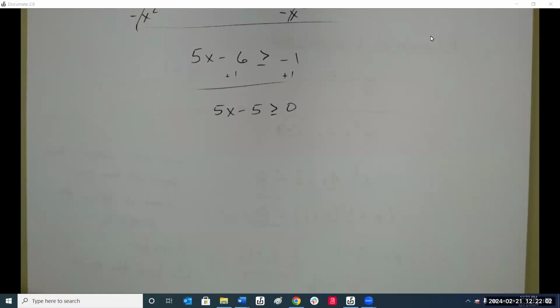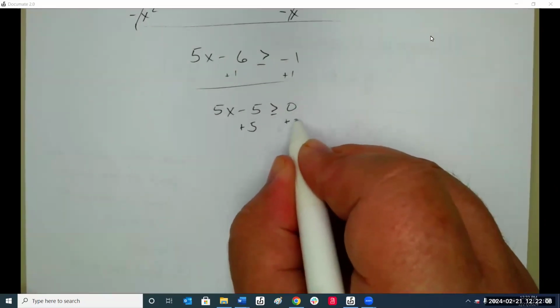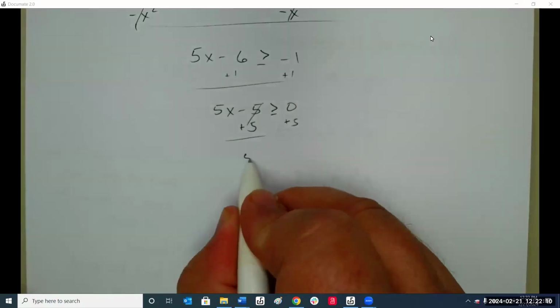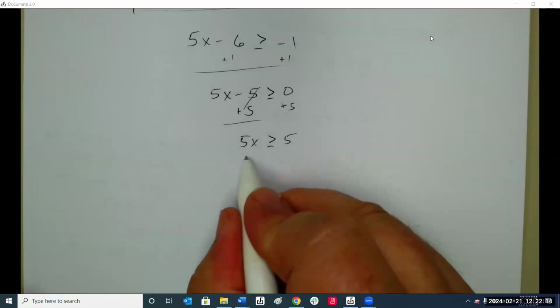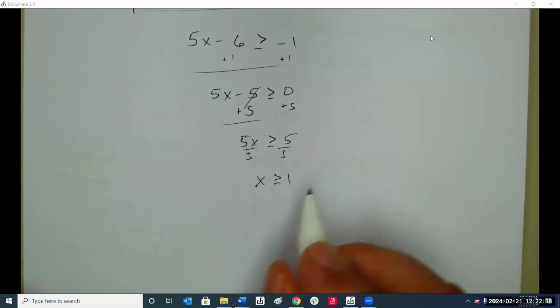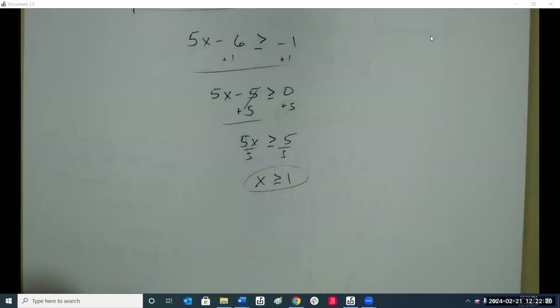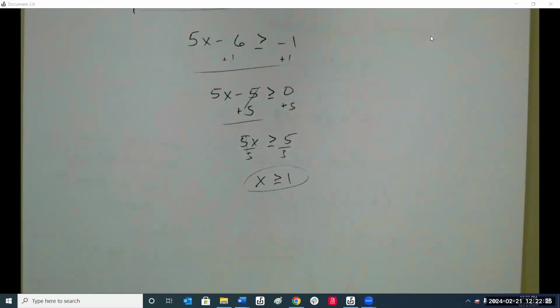Then what? Add 5. So 5x is greater than or equal to 5. So we know our domain here is x anywhere x is greater than or equal to 1. That's all there is to it.